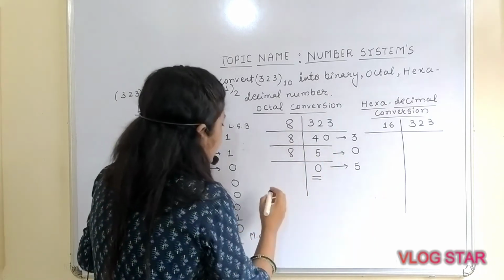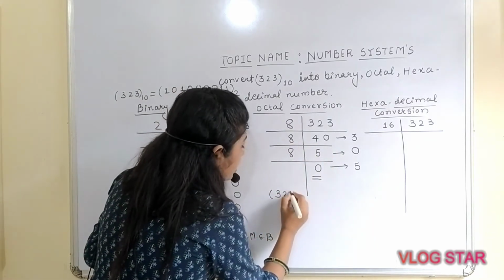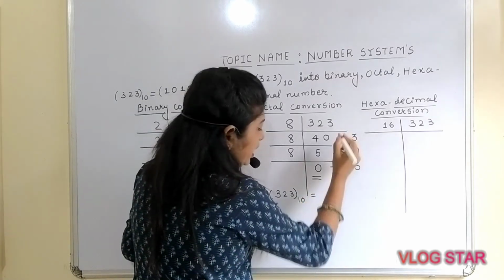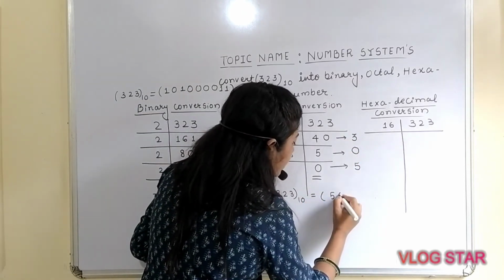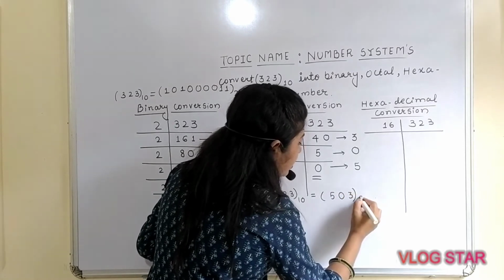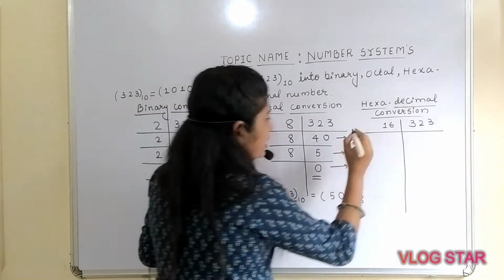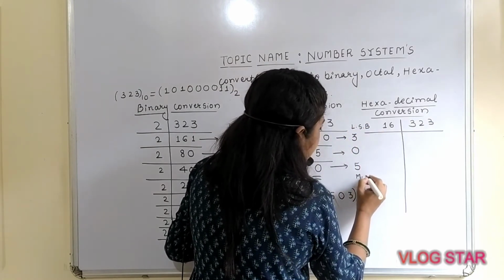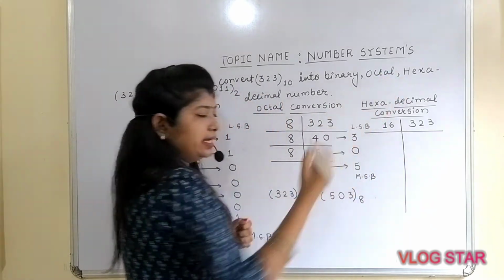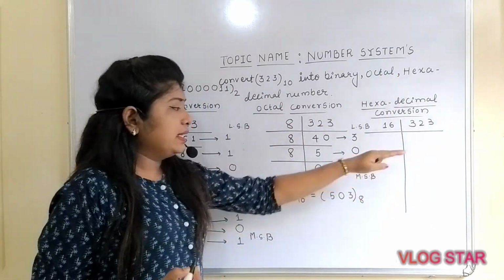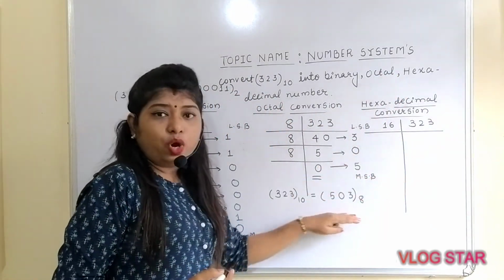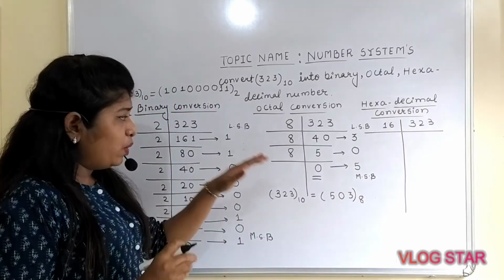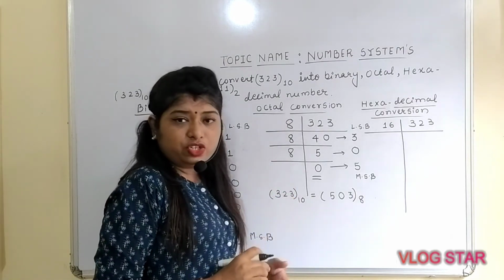So can you tell me how you are going to write down the answer? 323 decimal is equal to, again you need to write 5 0 3 into octal number. This is LSB and this is MSB, least significant bit and most significant bit. So your answer is 503 in the octal conversion. I hope you have understood the second conversion also.